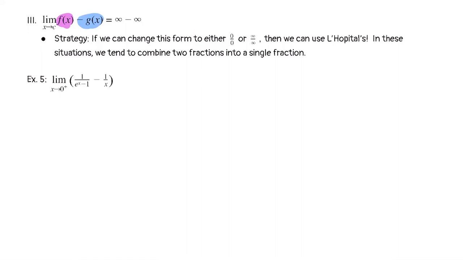A lot of these questions are going to be in fraction form already. If we look at example 5, if these were in a single fraction, then I could use L'Hopital's, but they're in separate fractions. So our strategy is to combine two fractions into a single fraction. No natural logs, no reciprocals, but in the case where we have a difference, we want to combine those two into a single fraction.